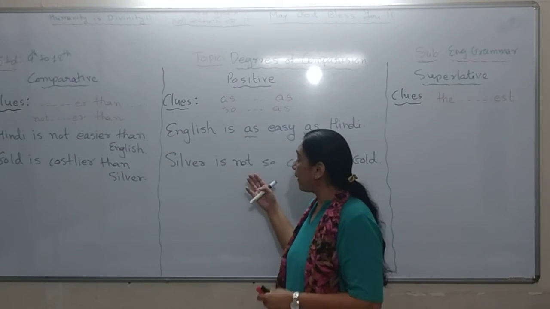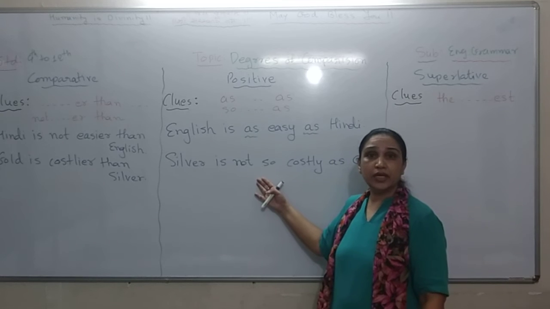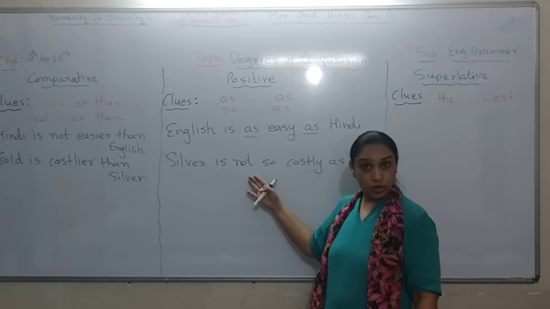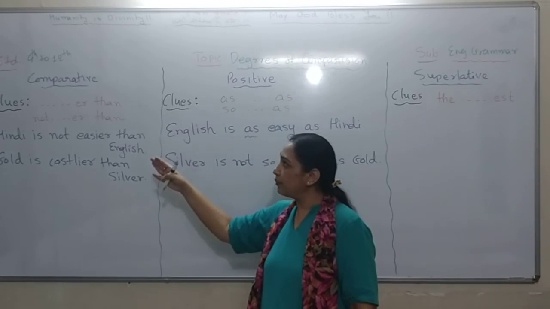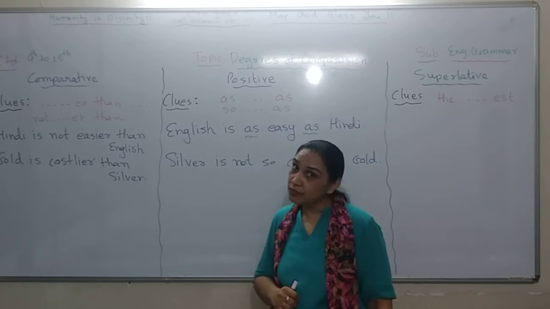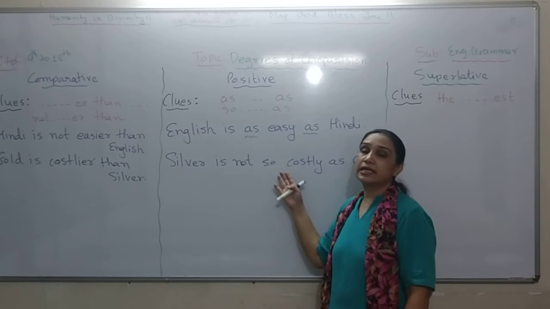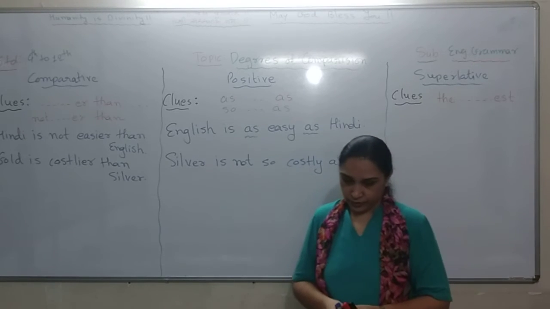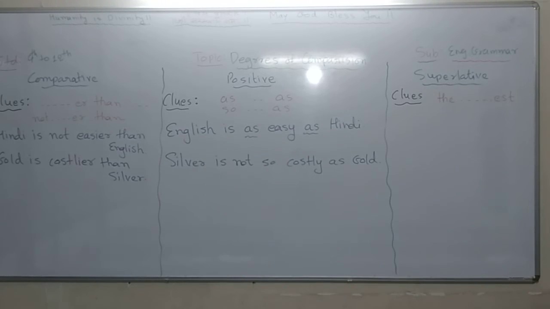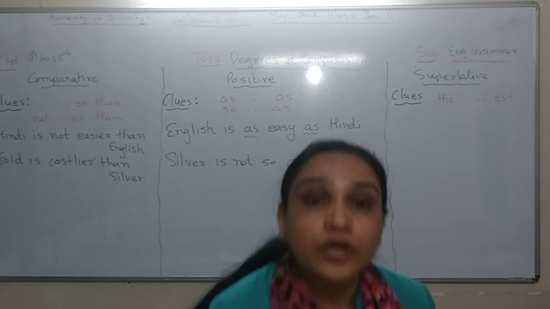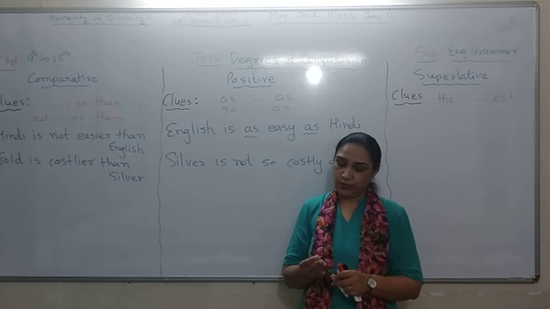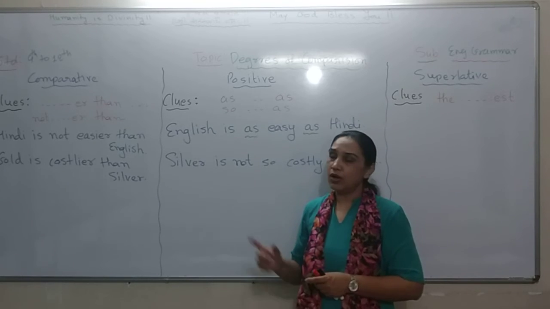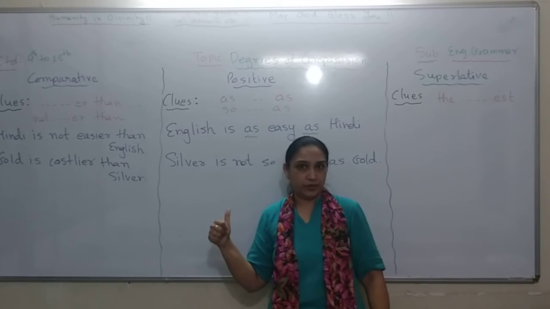My sentence, while being in positive degree, had "not" in it. So while converting this sentence from positive to comparative, I have removed "not". I have made the sentence affirmative. So keep in your mind that if the sentence, while being in positive, is negative, you have to change it into affirmative while converting into comparative.